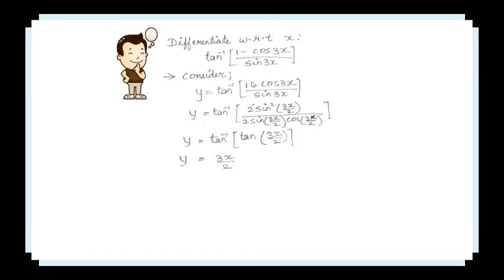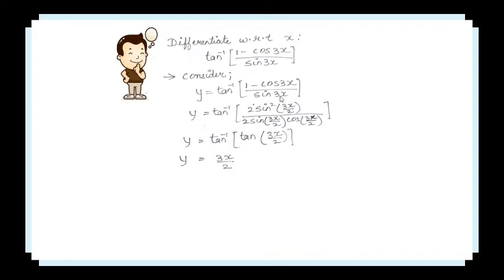Let's move ahead. Next example, differentiate with respect to x tan inverse of 1 minus cos 3x upon sin 3x. Over here also I can apply the formula. Okay, so which formula we will be applying? Let's see. So y equal to tan inverse of 1 minus cos 3x upon sin 3x. So in numerator, I can apply the formula of 1 minus cos theta, that is 2 sin square theta by 2.